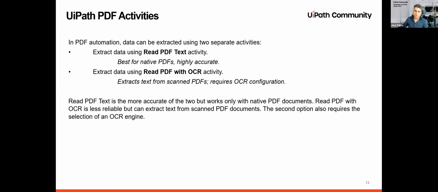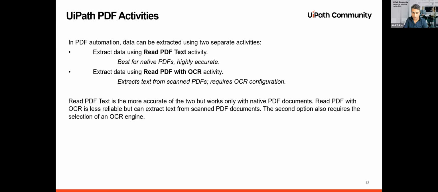OCR engine is optical character recognition engine. In UiPath, they are used to extract text from images, scanned documents, and other graphical content. UiPath provides multiple OCR engines to handle different types of text. Based upon my practice, some OCR works better in some cases, so you may need to try different OCR engines to see which gives the best result.